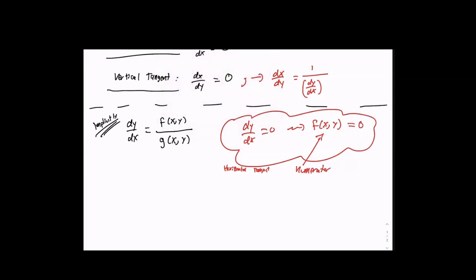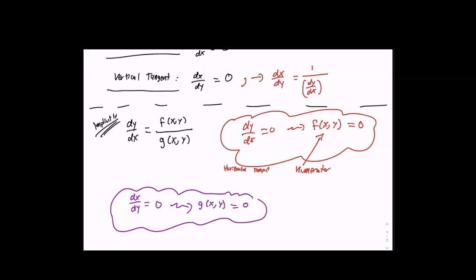And similarly, if I wanted to find dx/dy equal to 0, well, if I flip this, it's analogous to g of x,y, the denominator, is equal to 0 for a vertical tangent.